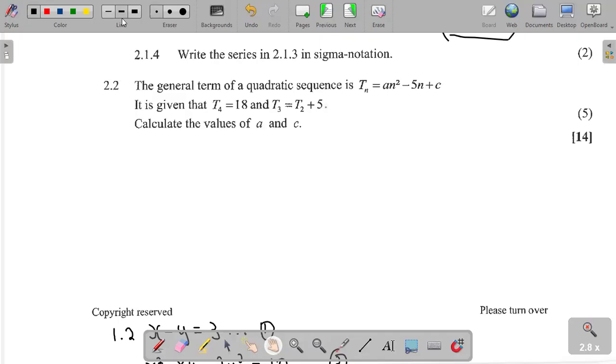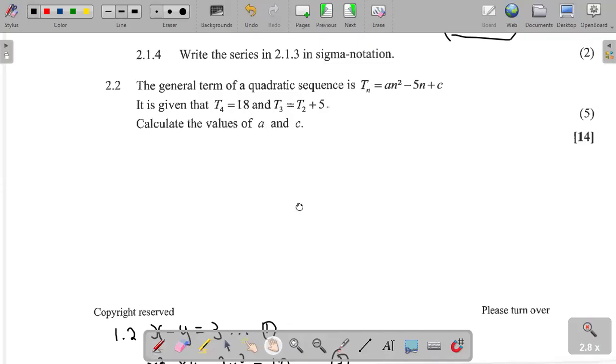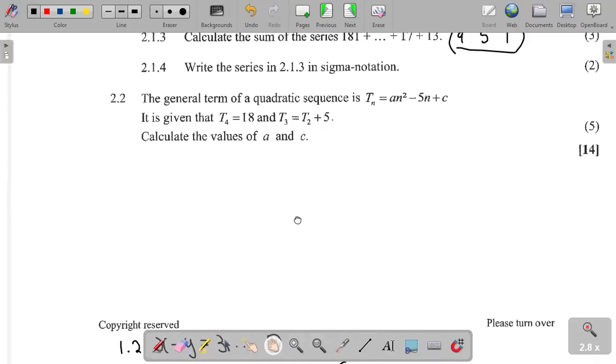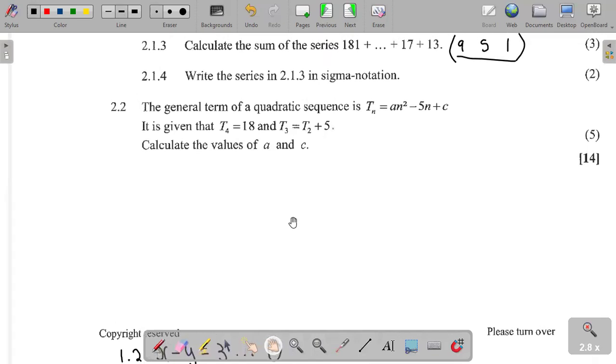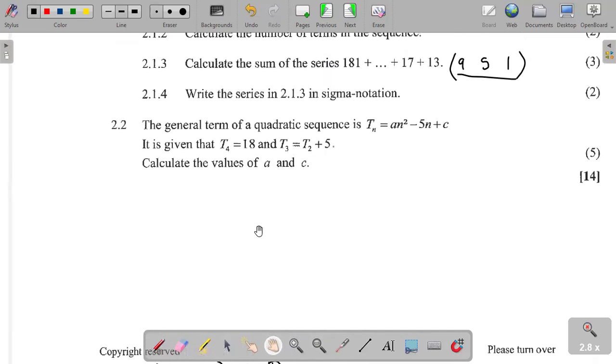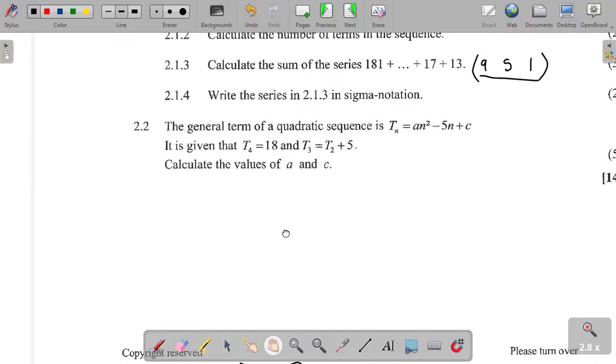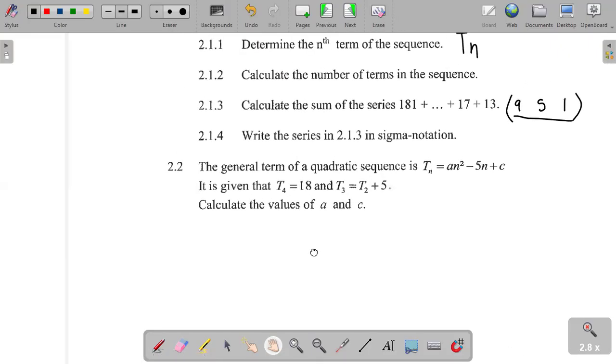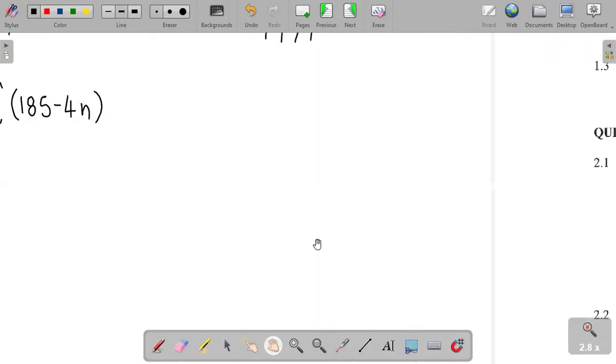So we can make up equations out of this. Okay, let's do it here on the side. T4 is 18, okay? So we can start with T4, for 2.2.